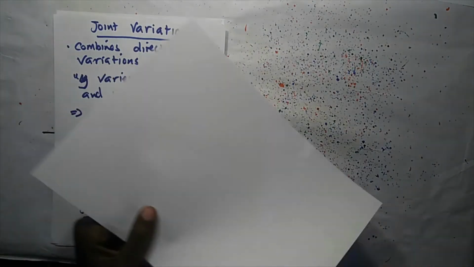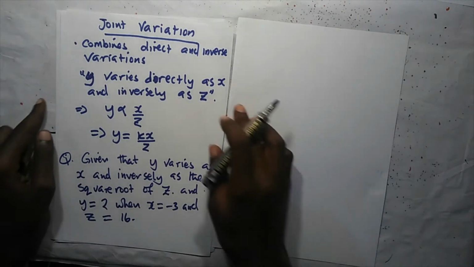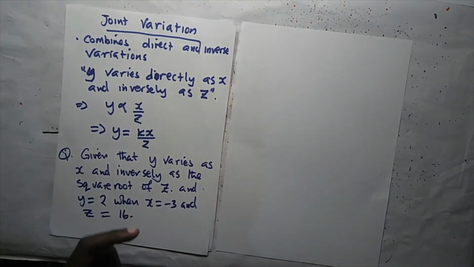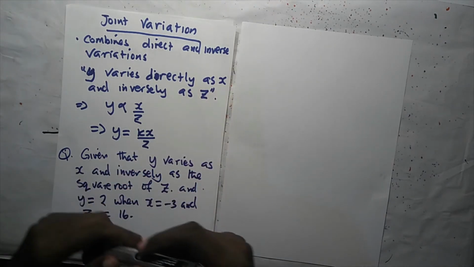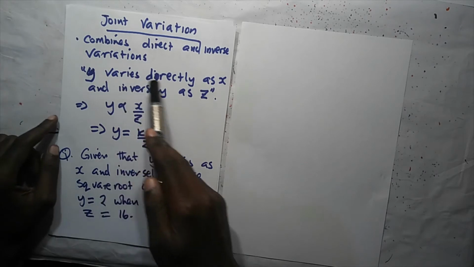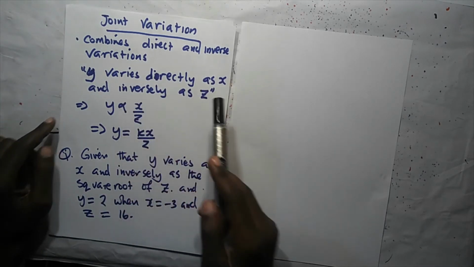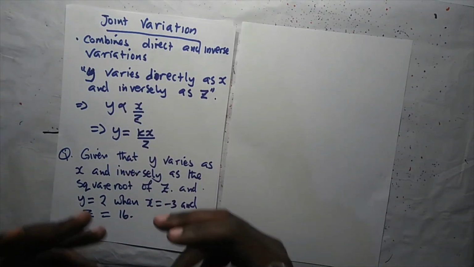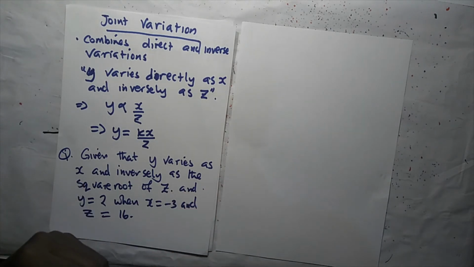Okay, so we are now going to look at joint variations. The language that we'll find under joint variations says y varies directly as x and inversely as z. So this is a combination of direct and inverse variation.